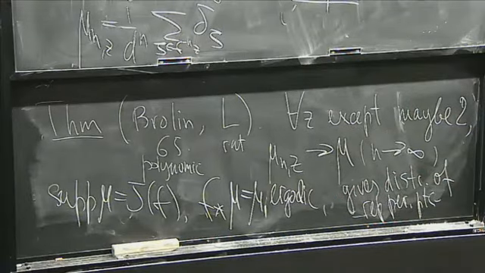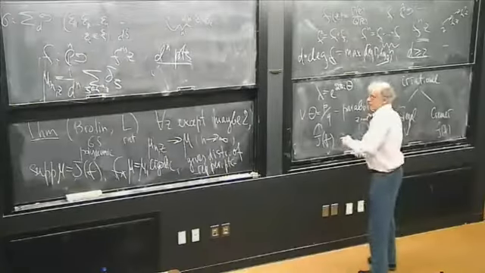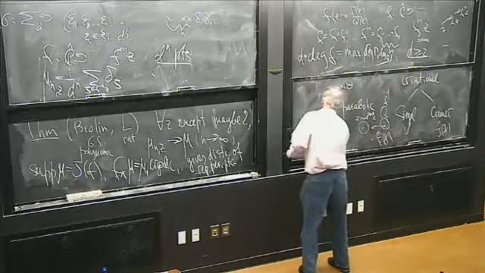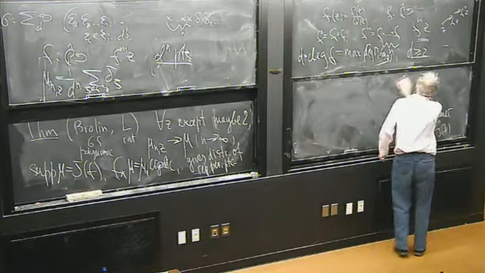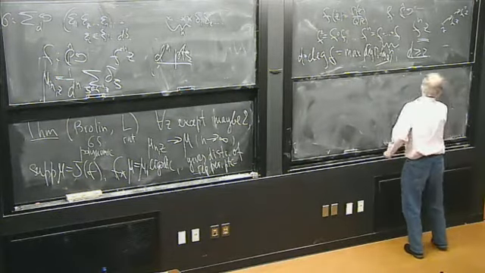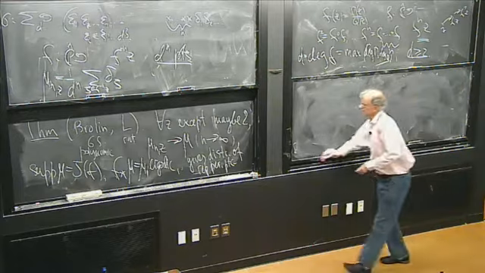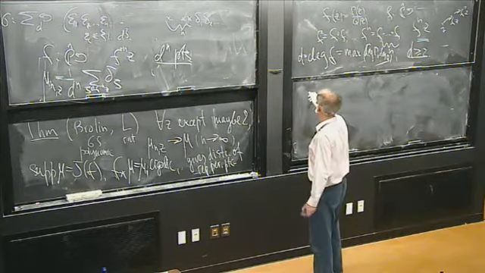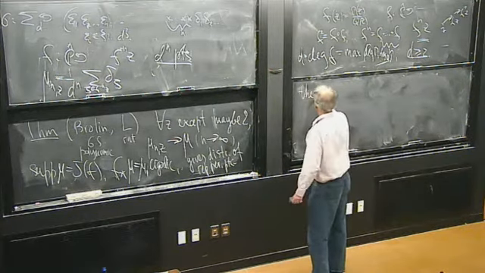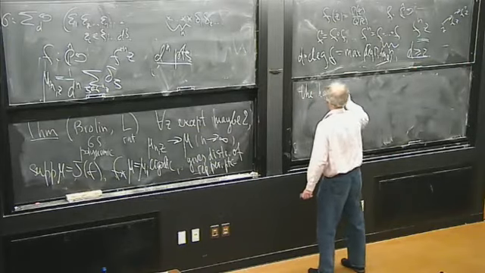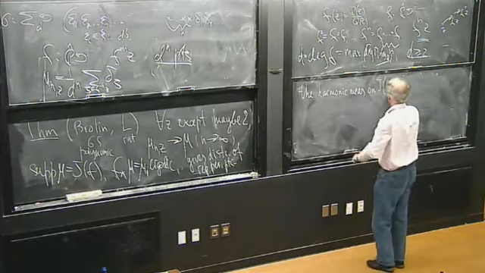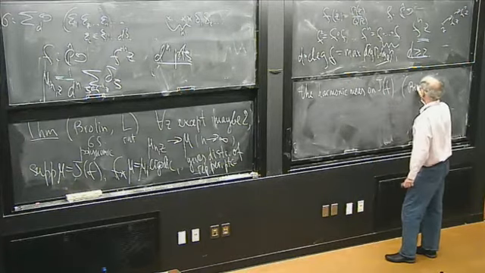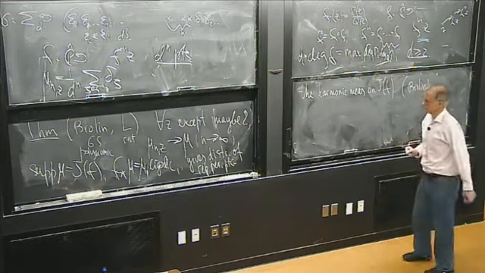It also has the following nice interpretations. It is a harmonic measure on the Julia set. That was the interpretation by Brolin, and I'll tell you in a moment roughly what it means.